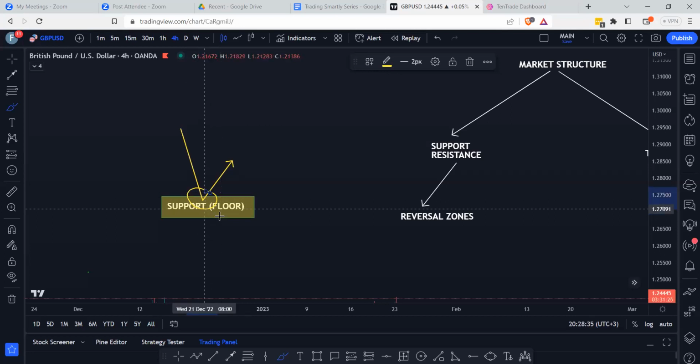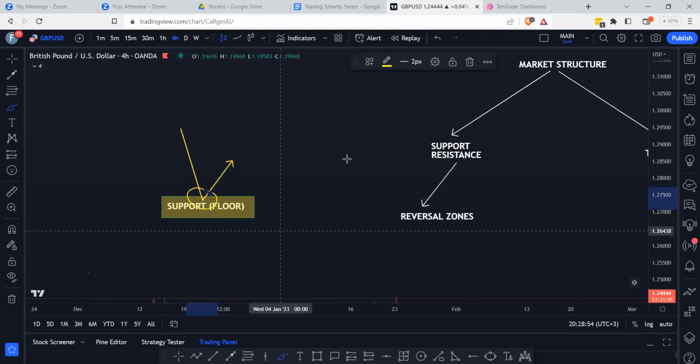This is a reversal. Like I said earlier, at the point where you are drawing your support and resistance, it has happened in the past. You will see that price actually reversed at this particular zone.